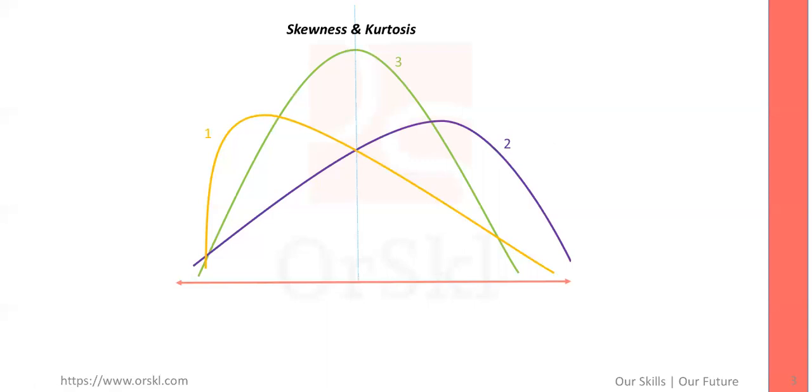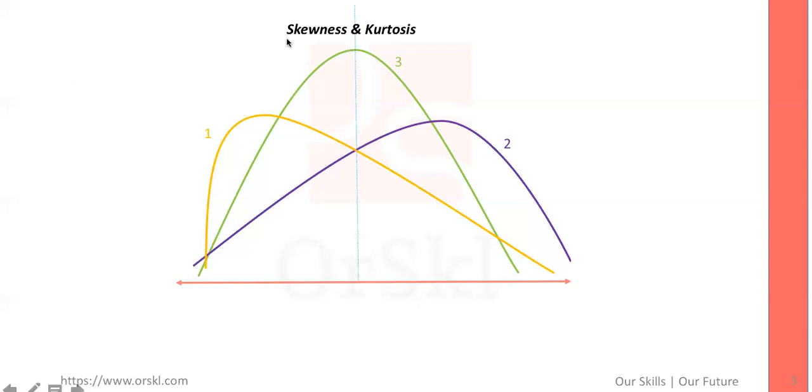So I'm not going into the mathematical equations for skewness and kurtosis, but I'm going to use the Fisher technique. In kurtosis, if the kurtosis is 0, that means the bell curve intensity is good enough to tell that it is following a normal distribution.